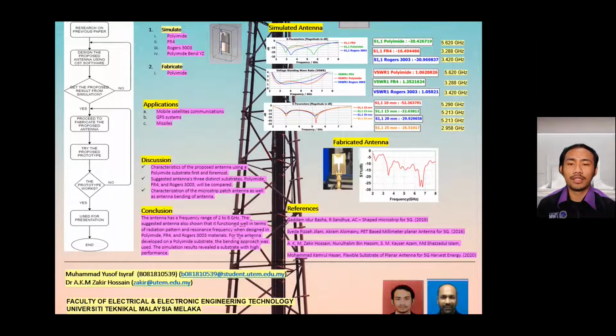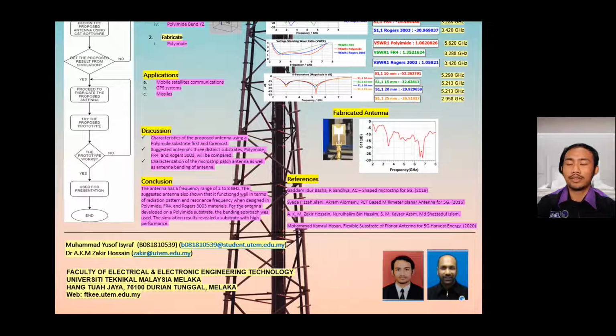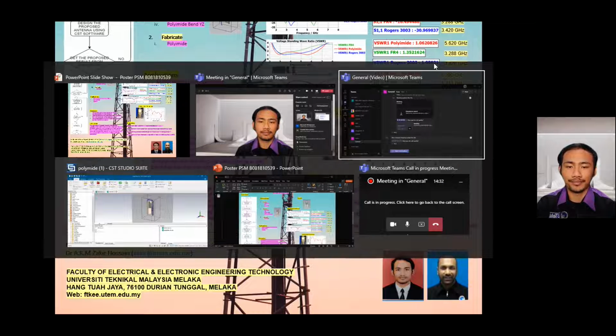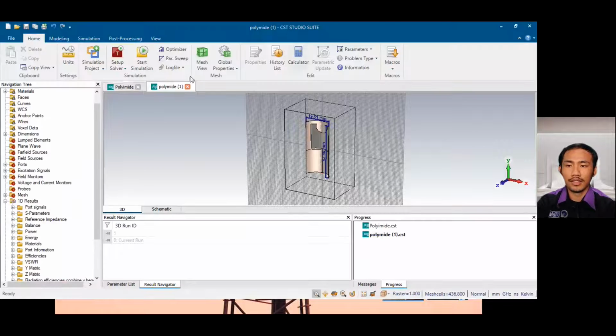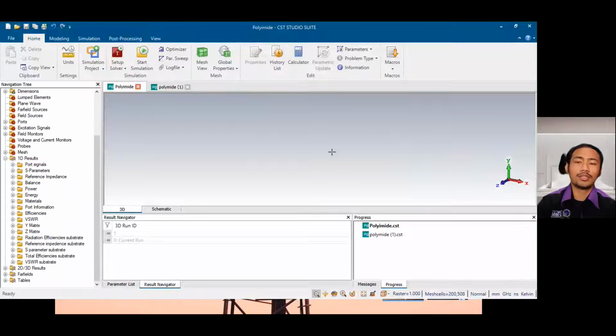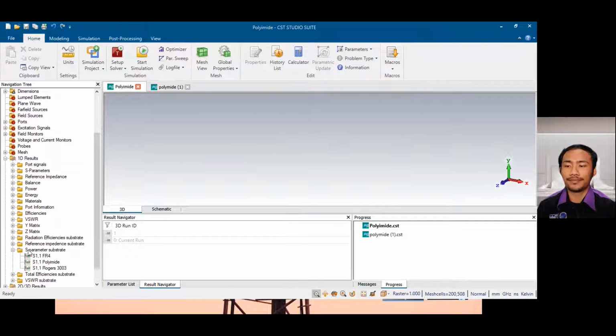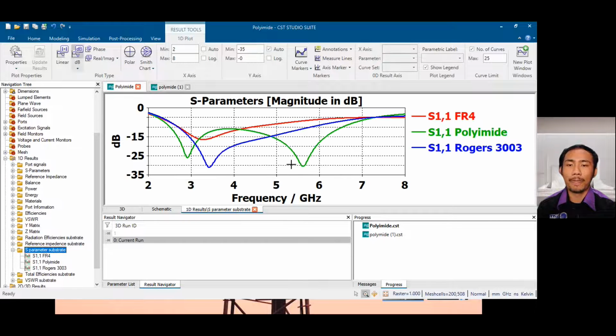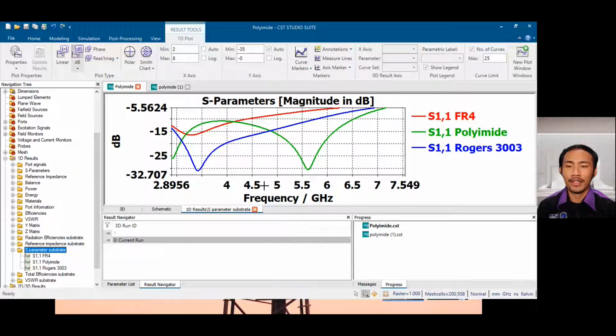Next, I will show the simulation in CST Studio Suite 2019. First, I would like to show the comparison between 3 different substrates, which are polyimide, FR4 and Rogers 3003, for S11.